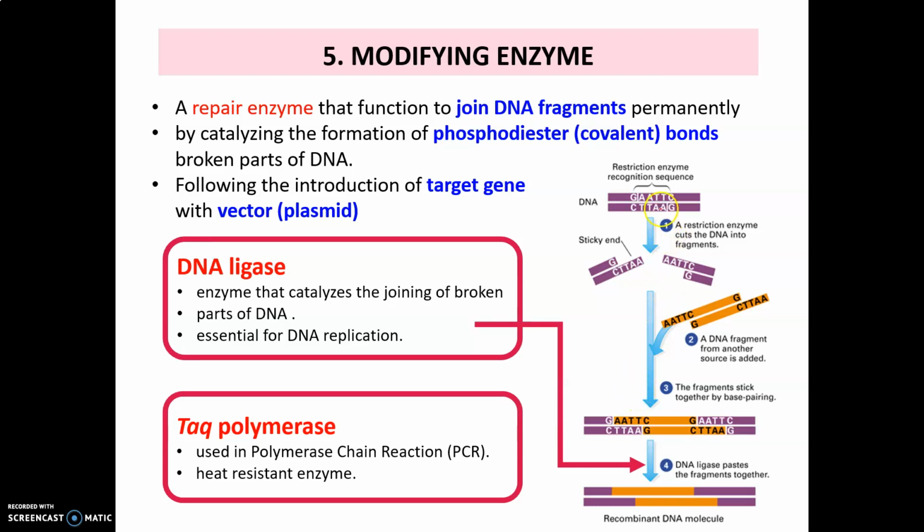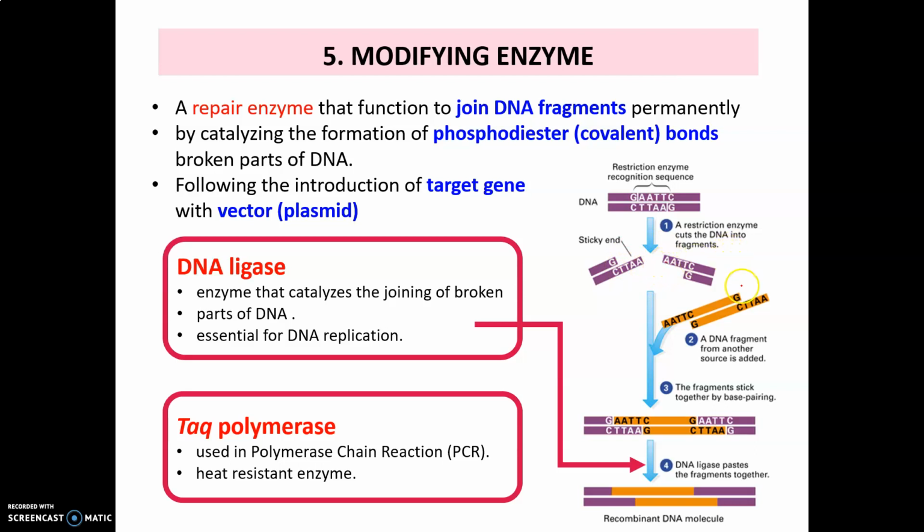Okay. Dan basically kalau perasan yang ni kita start sikit lah. The same restriction enzyme, dia akan cut dua benda. Dia akan cut the plasmid dan dia juga akan cut the target gene. So basically bila target gene ini ada DNA, what happen is that dia akan ada GATTC, dalam plasmid pun ada GATTC. So dia akan form this what we call sticky end. This one adalah sticky end dekat plasmid.